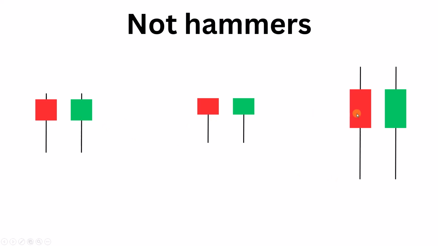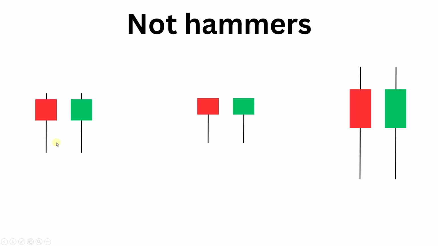Even though they look like hammers, they are not considered to be hammers. If you look at these candlesticks, you can see they have body, they have upper wicks, but they have very small wicks at the bottom.